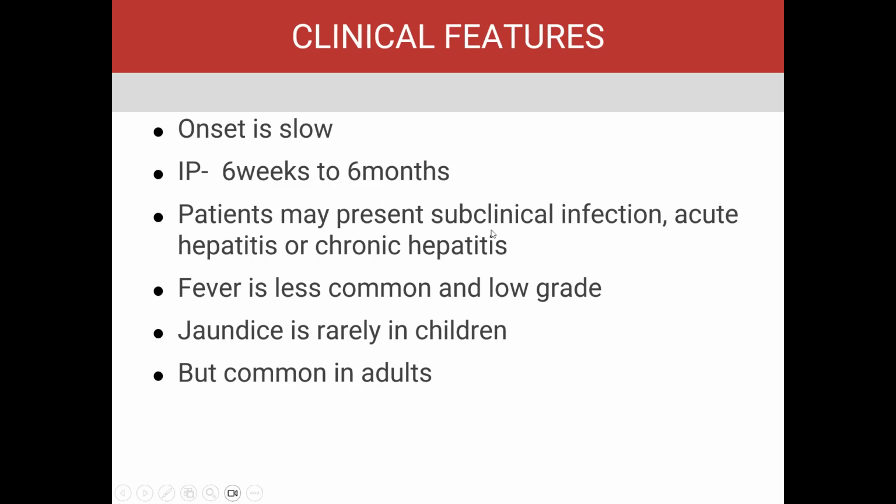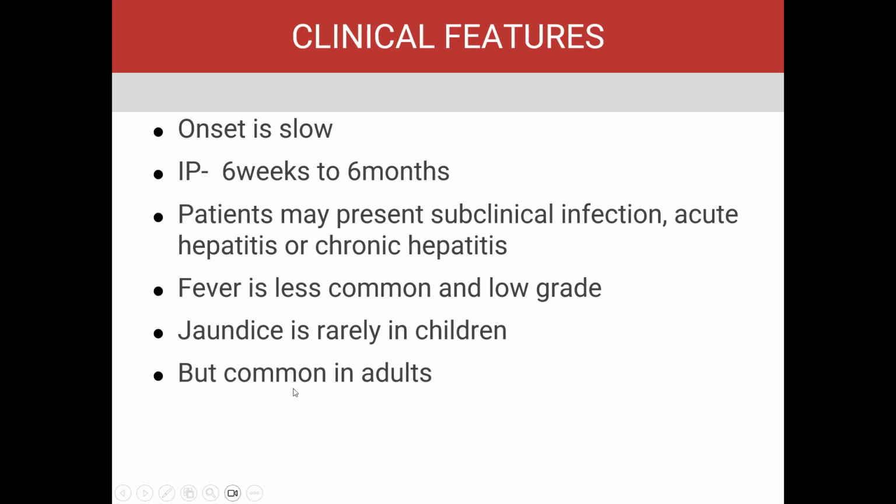Fever is less common. The patient has fever, but it is not high grade, it is very low grade fever. Jaundice is rare in children, but jaundice is common in adults.